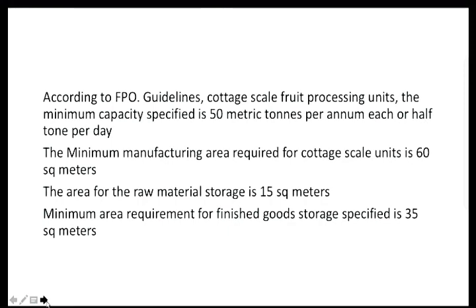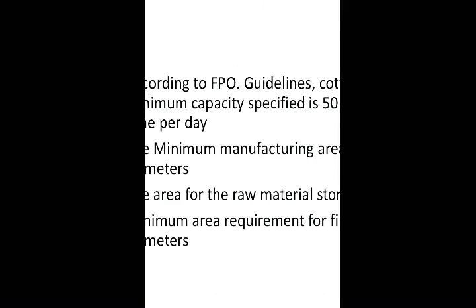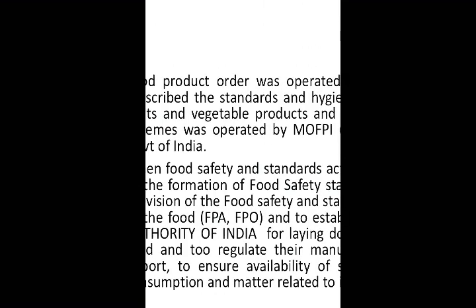Then in 2006 the Food Safety and Standards Act was passed in Parliament. As per the provisions of the Food Safety and Standards Act, consolidated laws related to the PFA, Prevention of Food Adulteration Act, as well as the FPO.